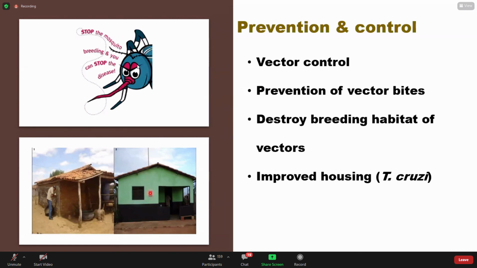Another thing that you can do, which is not on the list, is that when you get an index patient, you must treat aggressively. Because remember, humans are the reservoir for malaria parasites. Without humans, if you don't have gametocytes there, the life cycle ends once that person is effectively treated.